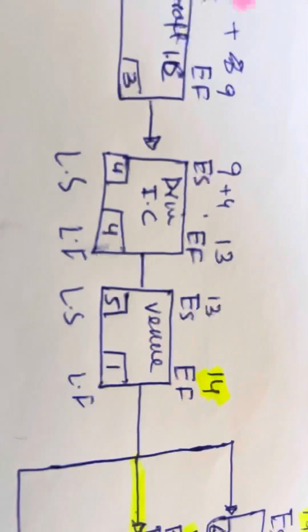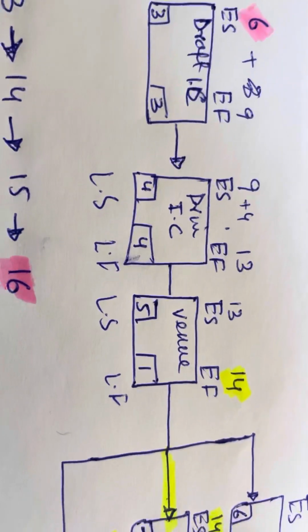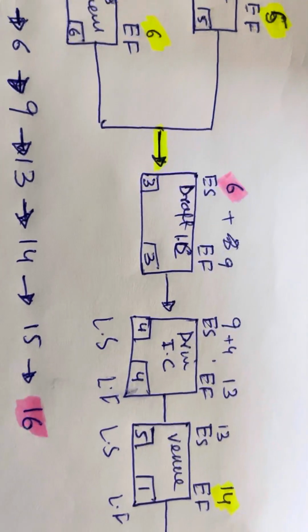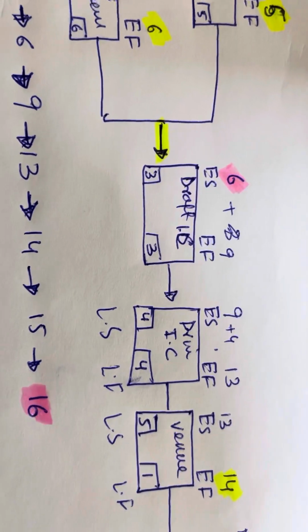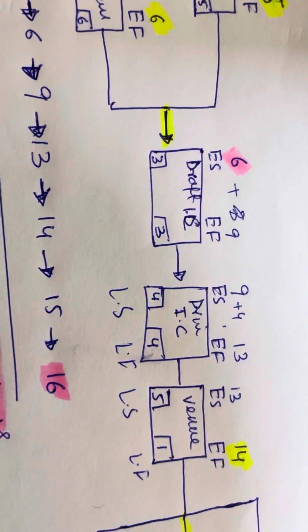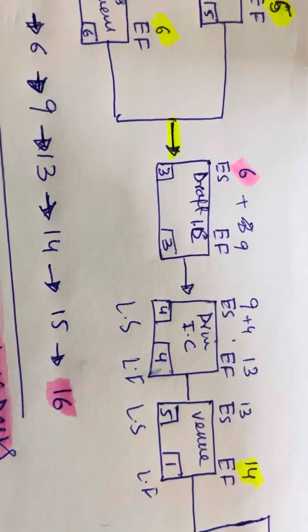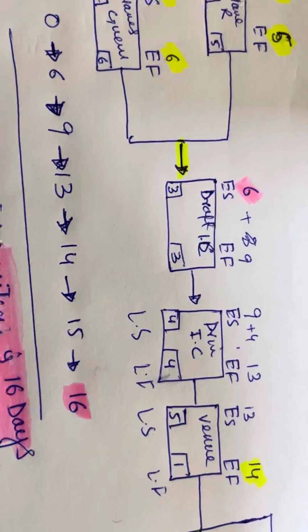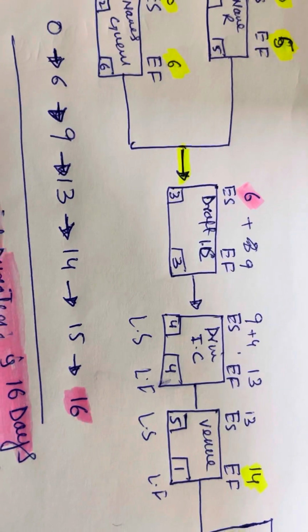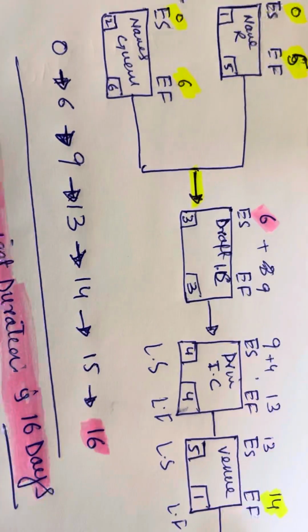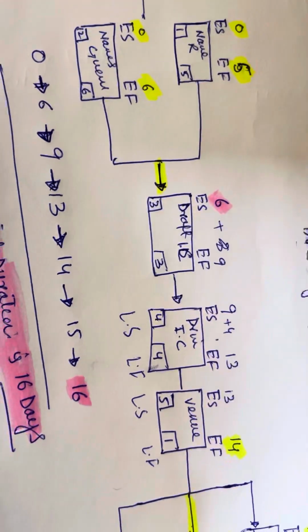So the latest start for this activity, print invitation card, will be 9, and then this will be the latest finish of the draft preparation. So that will be 9, and the duration of the draft preparation is 3 days. So 9 minus 3 is 6. So 6 will be the latest start for the draft preparation.